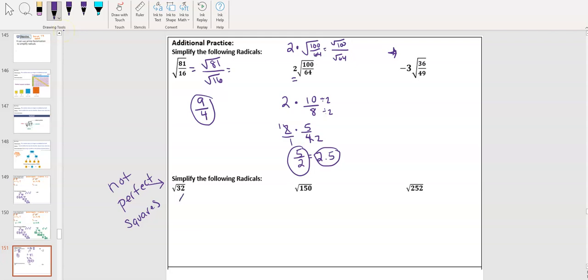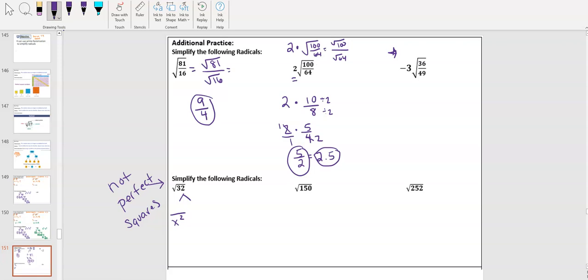So what I'm going to do is factor out the 32 into 2 numbers. And this is where the knowledge of our prime factor tree comes in handy. Ideally, you want at least one term to be a perfect square so that you can pull that out of the radical and turn it into a whole number. That would be ideal.